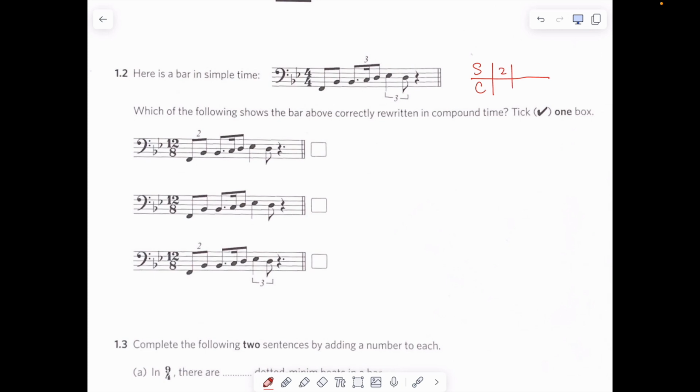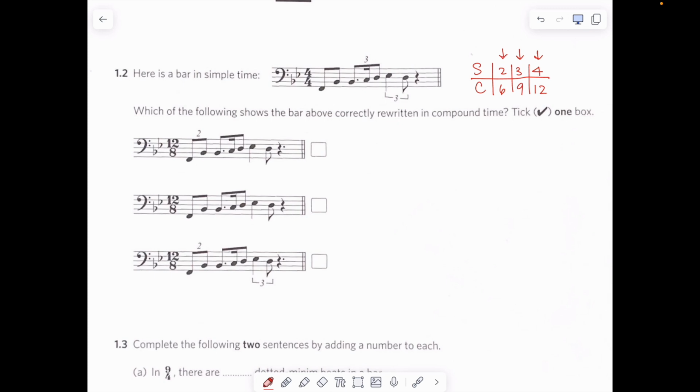So 2 beats, 3 beats, 4 beats in simple time will equate to 6, 9, and 12 as the top number in compound time. Now 6 in compound time would be 2 beats, 9 in compound time would be 3 beats, and 12 in compound time would be 4 beats.